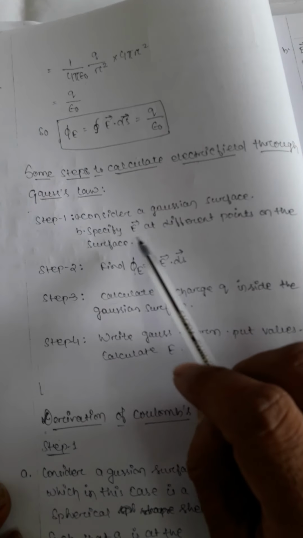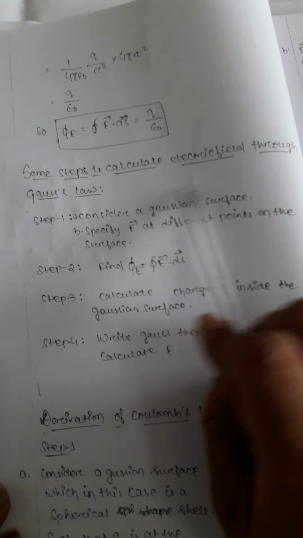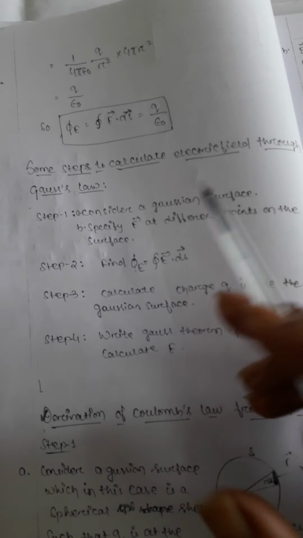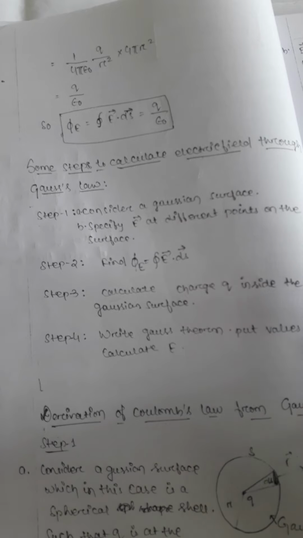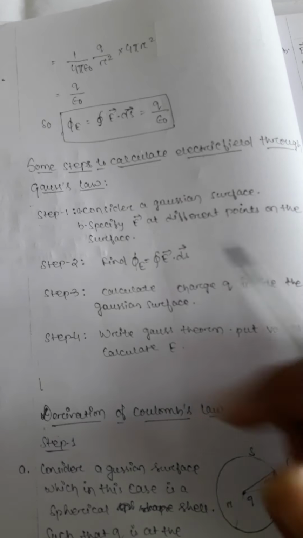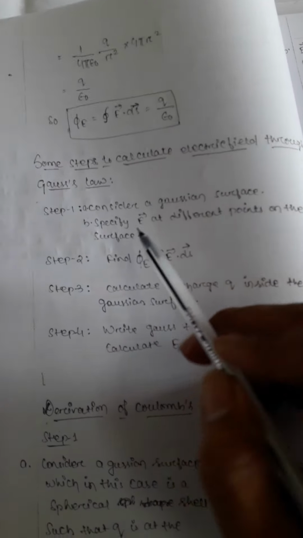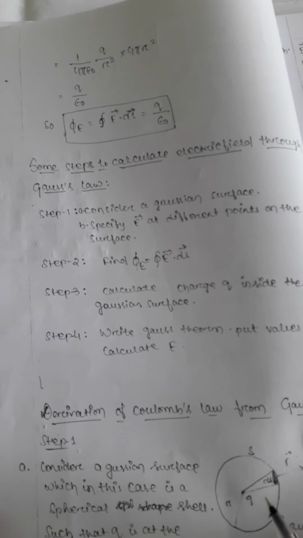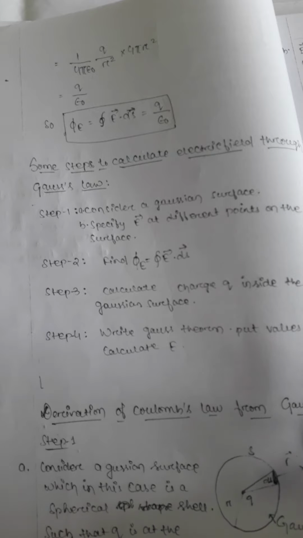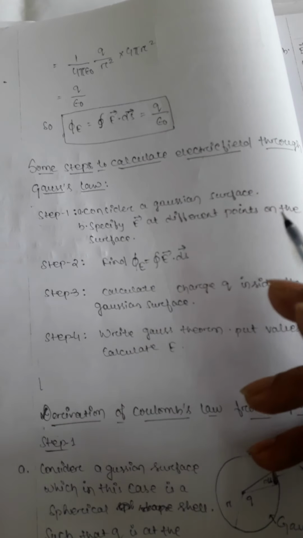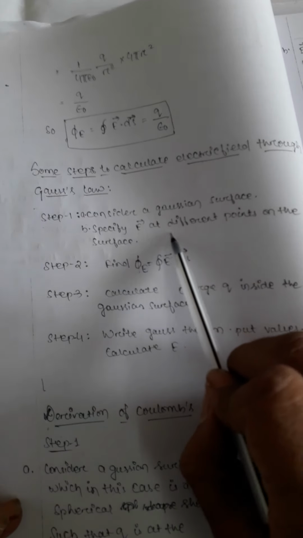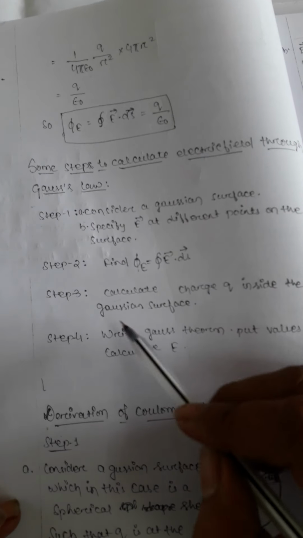So we have already imagined the Gaussian surface, and we calculate the value of theta at different closed surfaces. If this is one surface like a sphere, then one theta will be calculated. If there is a combination of two surfaces, then we have to mention the value of theta, the angle between the E vector and dS vector, at each surface.